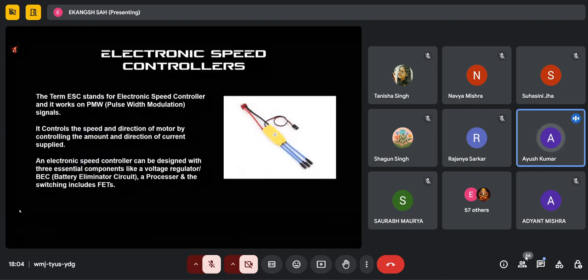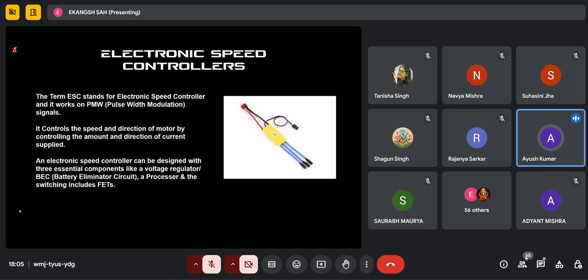Here comes the electronic speed controller. The electronic speed controller works on pulse width modulation, as I stated earlier, and it is used to control the speed of the motor or its direction. It has many inbuilt components, like the voltage regulator.